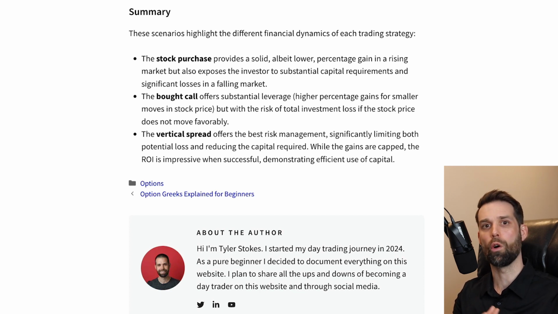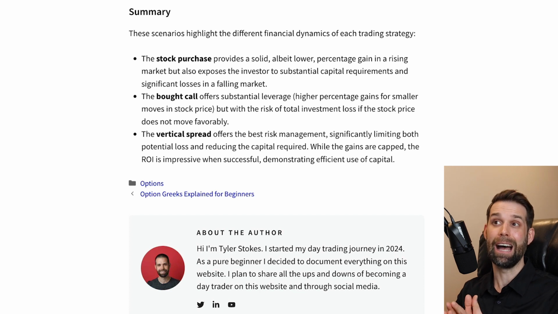But if you think of your whole trading strategy over the course of maybe a year, how many trades you might put on as a day trader, the probability of earning more over the long term with more trades is certainly in the favor of setting up these strategic vertical spreads. And I hope you were able to see that with that example.